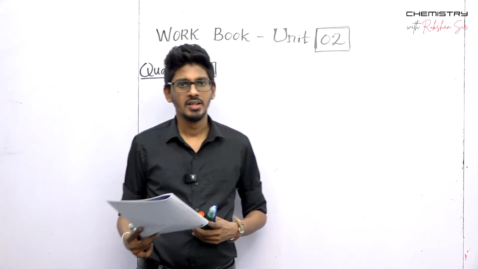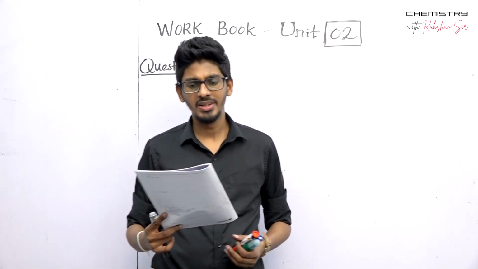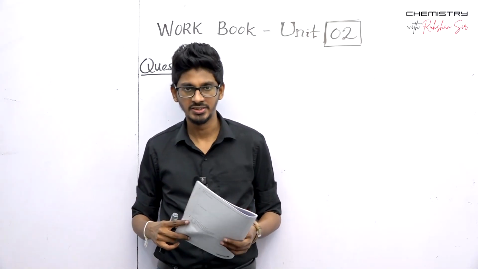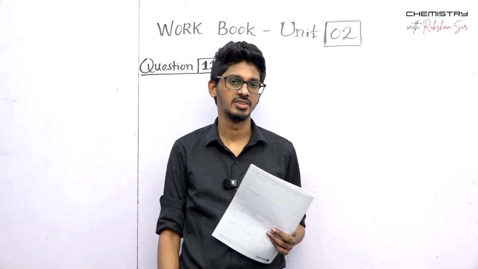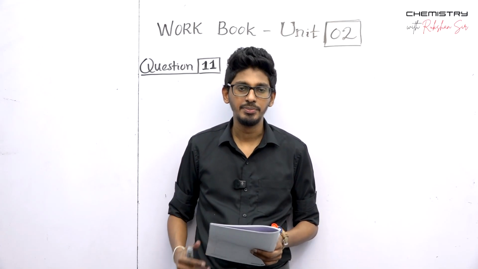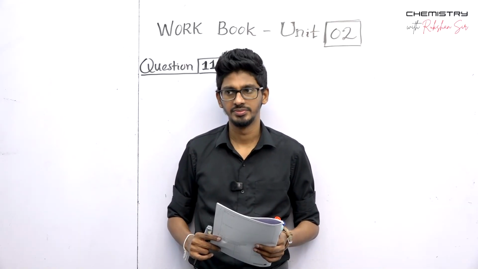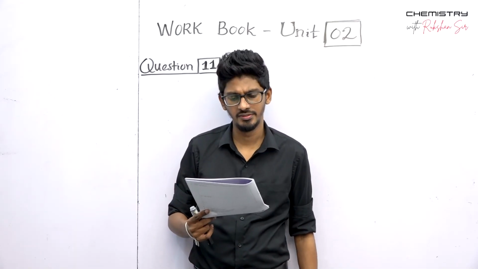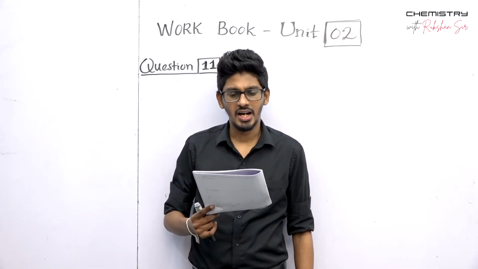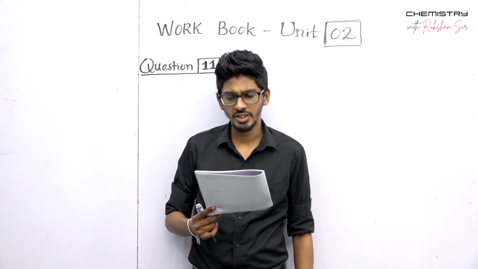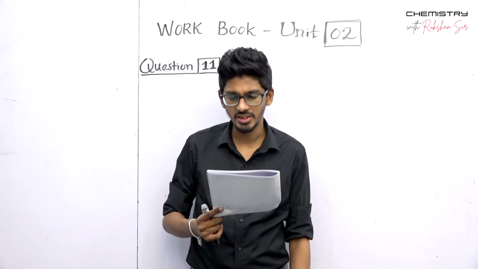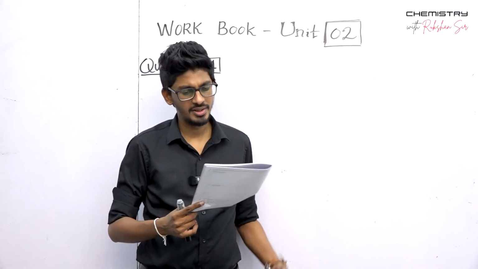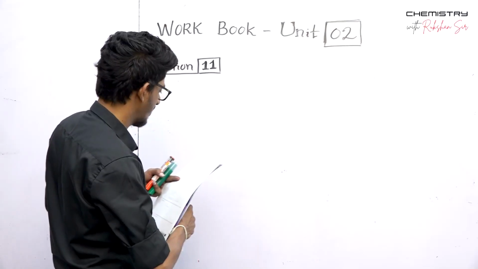Right. Let's come to question number 11, appearing on page number 9 of your workbook. See what it says. The dipole moment of a certain dipole molecule AB is measured to be 4.8 times 10 to the power minus 30 coulomb meters.